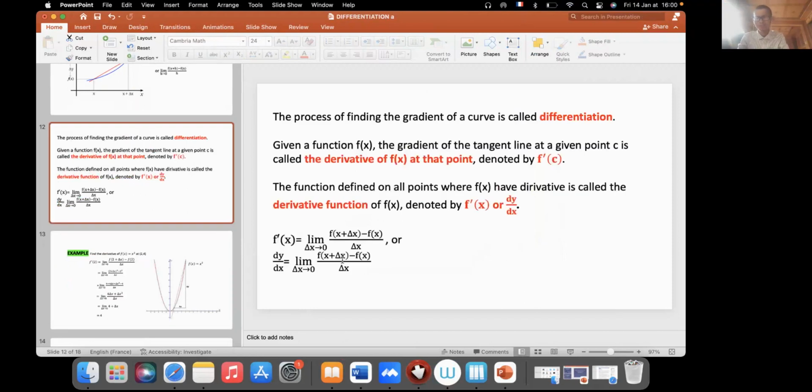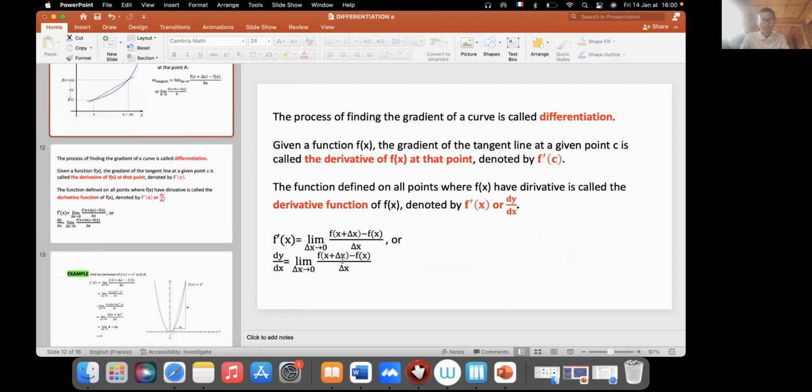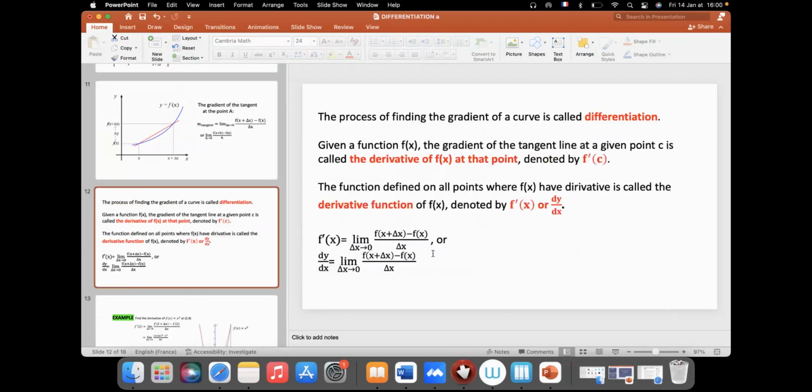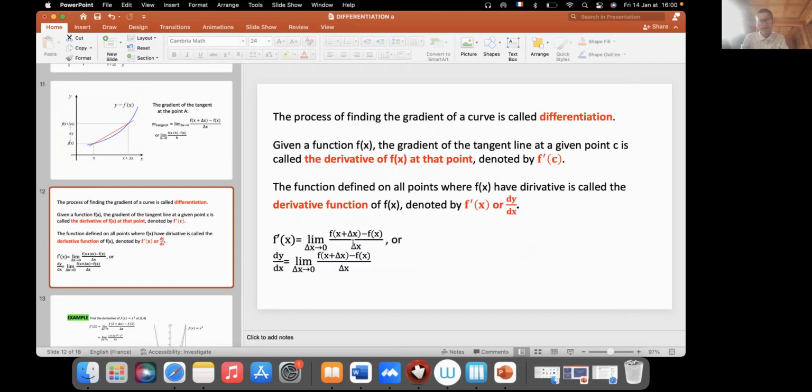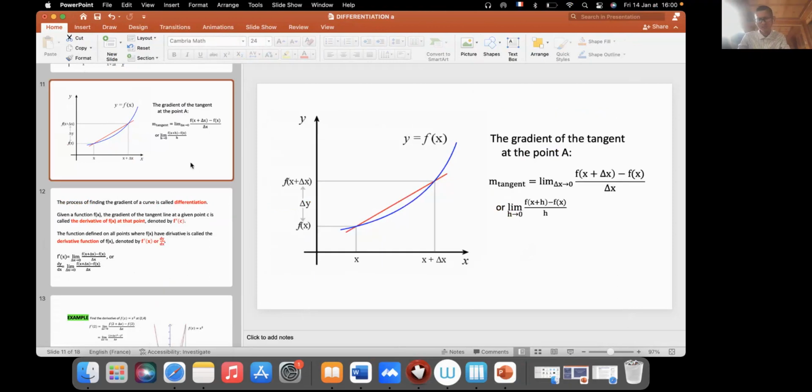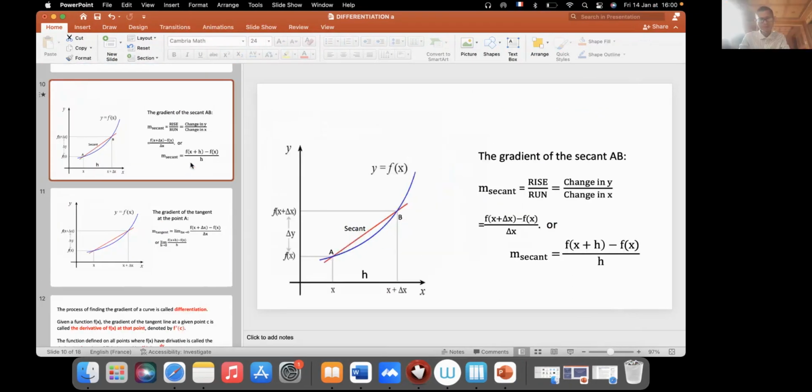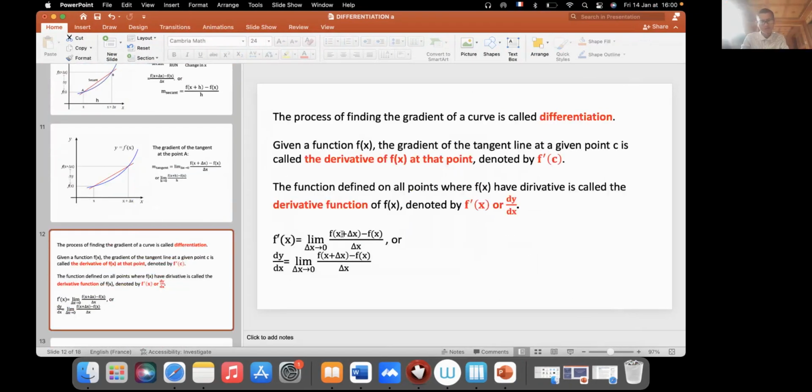Something to note here. The first thing is that delta x can never reach zero. Why? Because as you can see, this part is the gradient of the secant line. The secant line connects two points, right?